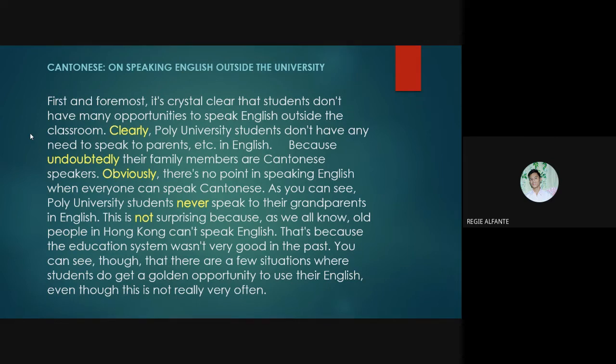So "never" negates that the students use the English language when they are talking to their grandparents. This is not surprising because, as we all know, all people in Hong Kong can speak Cantonese. So "not" negates that this is surprising, because they already know that the Cantonese can't speak English.